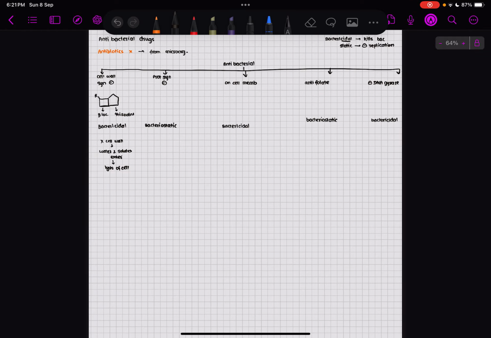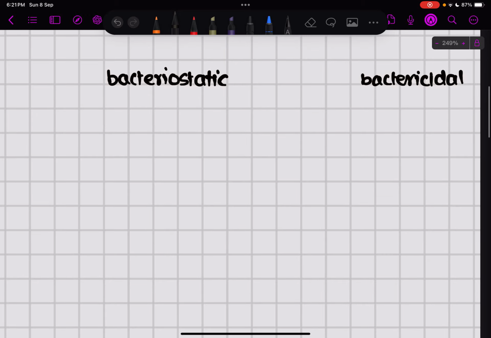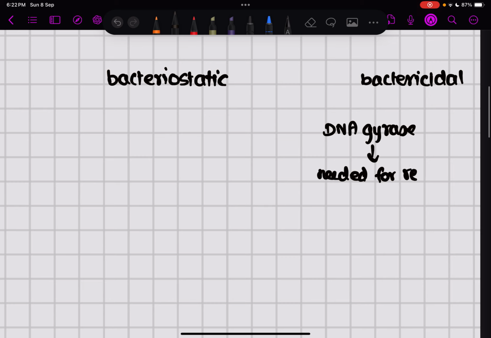And the last one, DNA gyrase inhibitors. The DNA gyrase is needed for replication, and when it gets inhibited, the DNA will break, so no replication will happen.